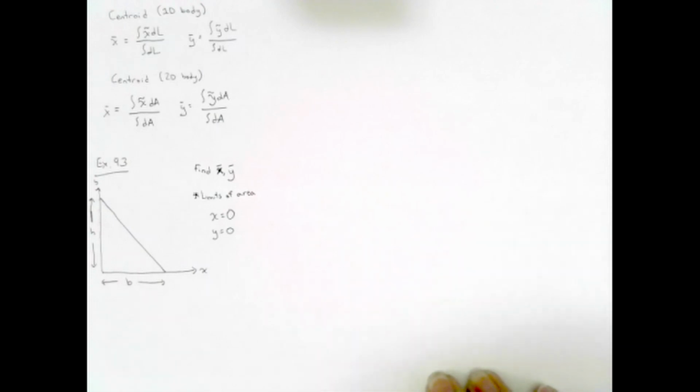How do you think we can express this line in terms of x and y? Does anybody have any ideas on how we may try to express this boundary? Can we express it by using the slope? Yeah, that's right. Notice that this is just a linear equation.